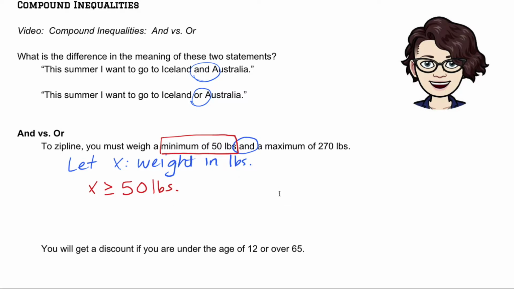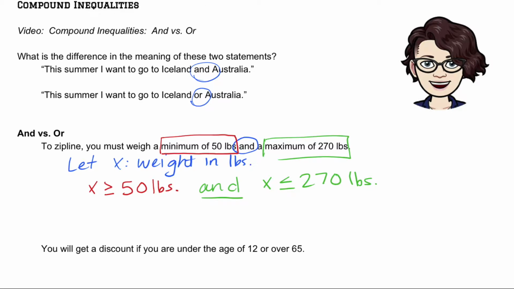But we can't stop there, because 300 pounds is greater than 50 pounds. But we have this other requirement that the maximum has to be 270. So we have to have an and in here. That weight has to be less than or equal to 270 pounds. So what we've done is change this scenario into two inequalities, and we have to use the word and.